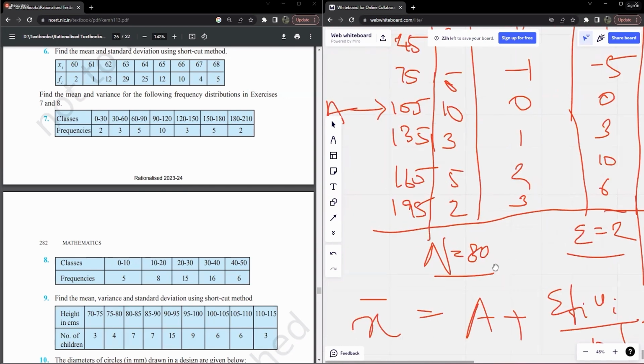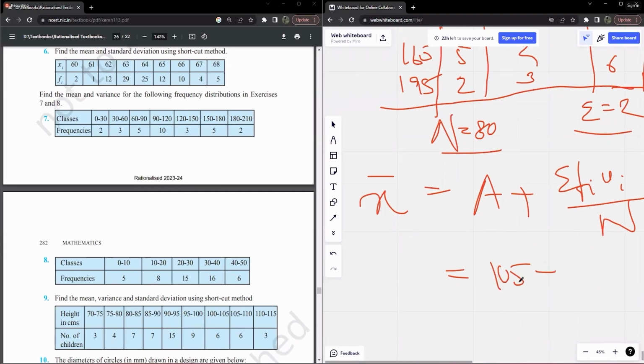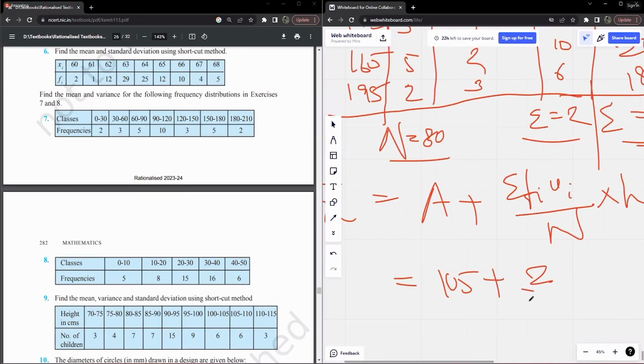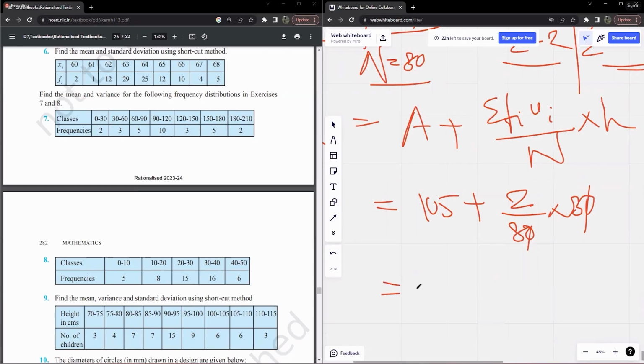My assumed mean is 105 plus this is 2 divided by 30 times 30.